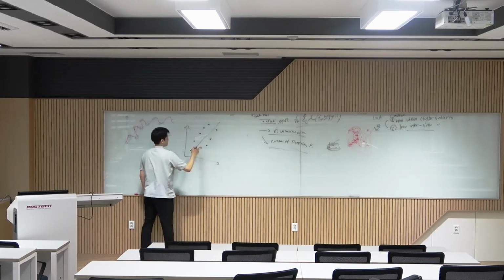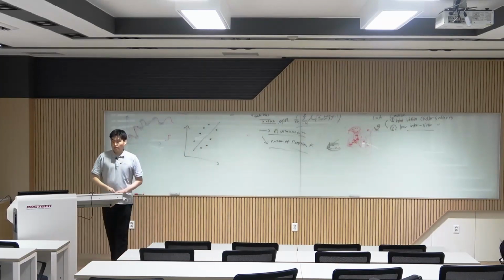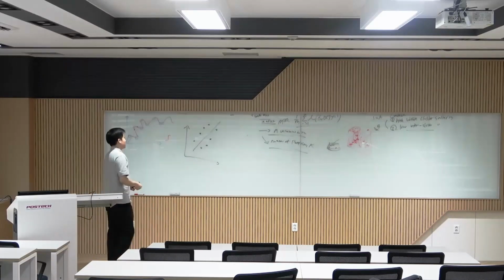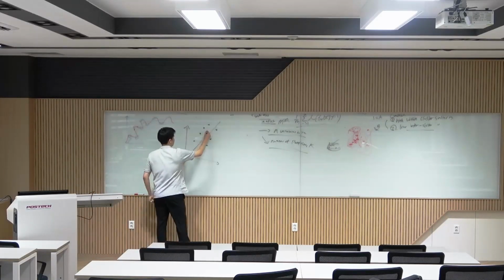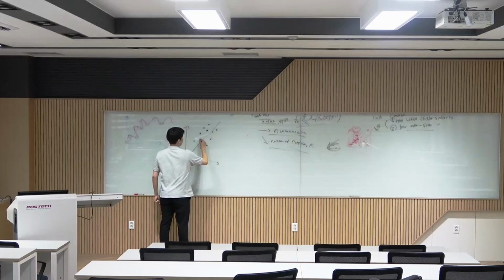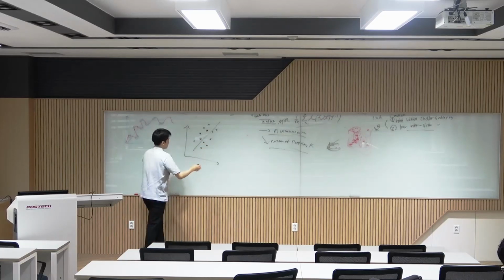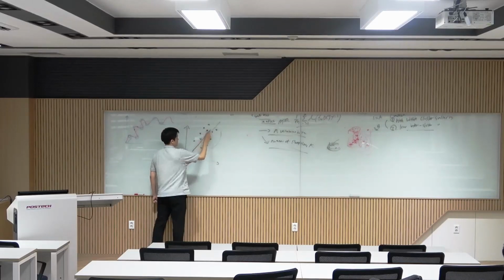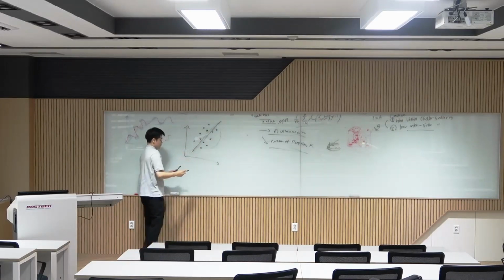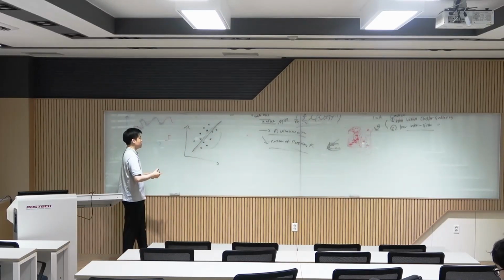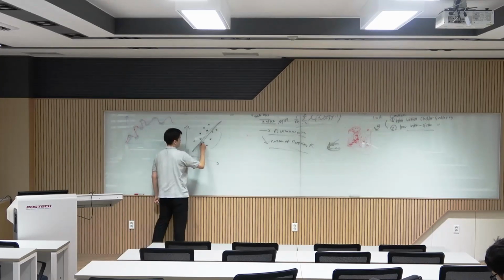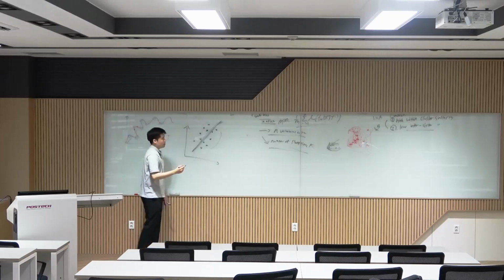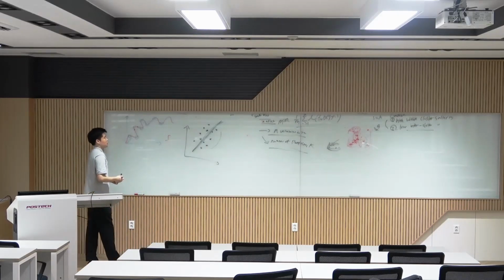If data were given like this, when we do a linear regression on this kind of data, our result will be like this. And if you do PCA on this kind of data, our result will also be in this shape, okay? So what will be the difference between PCA and linear regression?